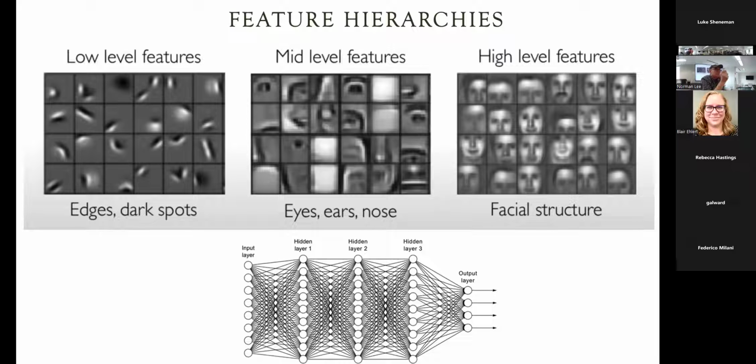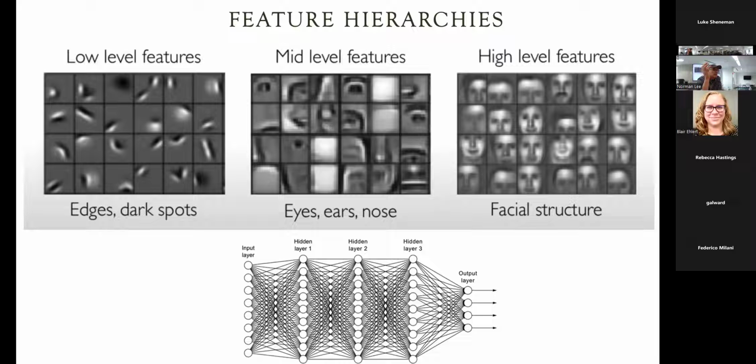Then that hidden layer becomes the input to the next hidden layer. Now we're starting to aggregate those extracted edges and light spots and dark spots into things like ears, eyes and nose, these discrete facial parts of faces.